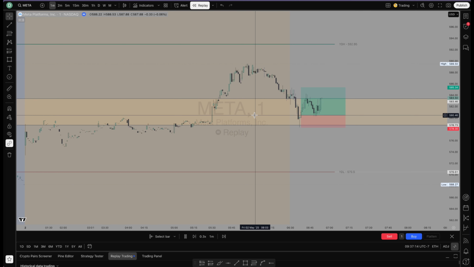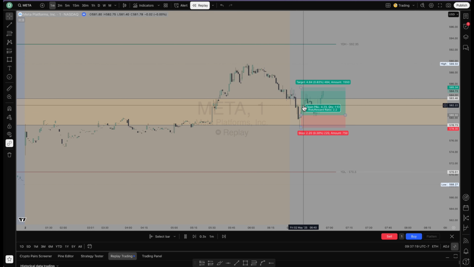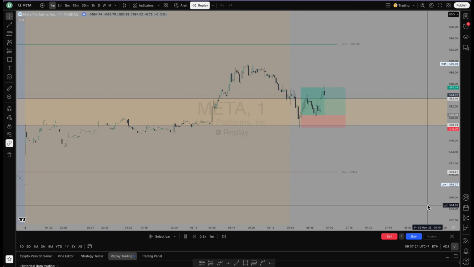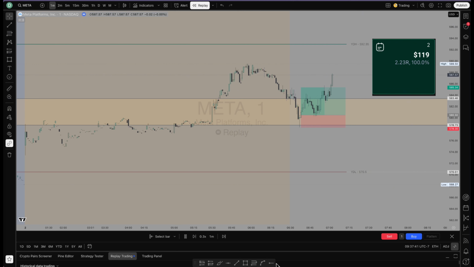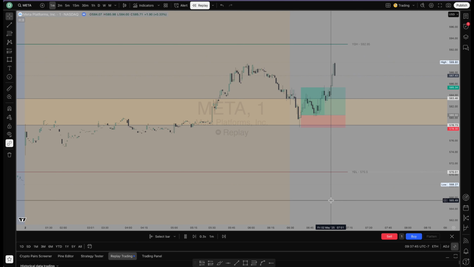I would have been panicking and would have stopped out there, but I didn't, because I noticed all the market did was just retest this candle's high, which is really bullish. So we got the move, and at this point I exited this trade because it had reached my profit target, and I got out for like $100 profit, 119 to be exact on this trade.